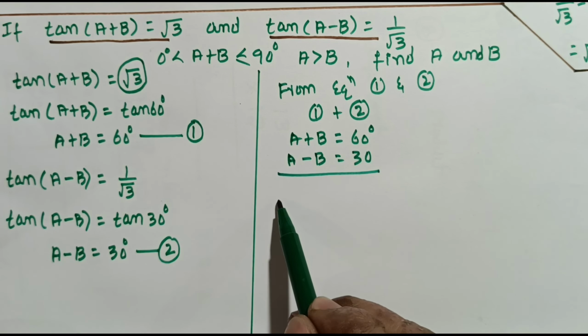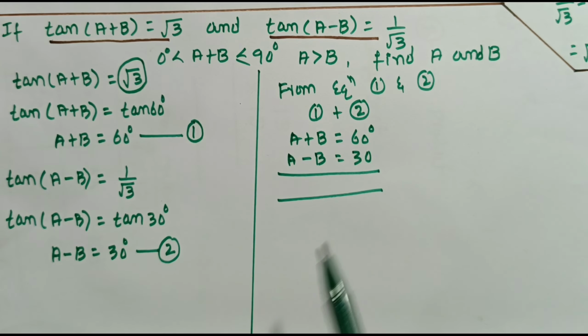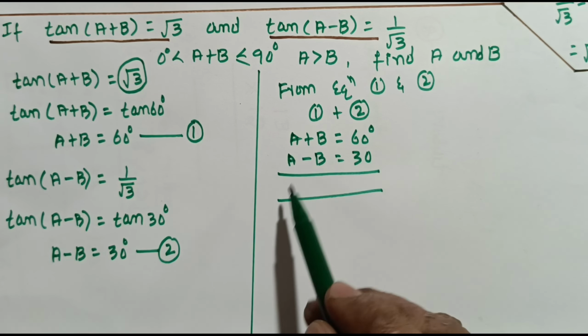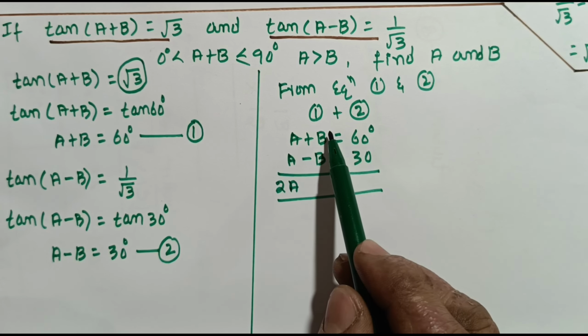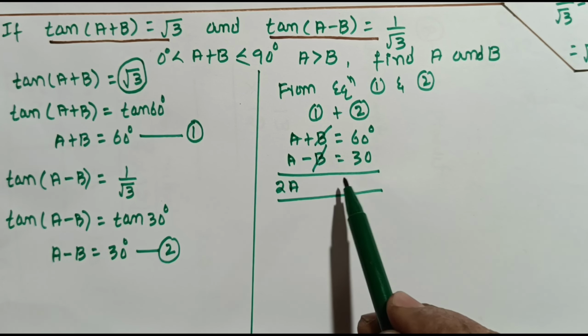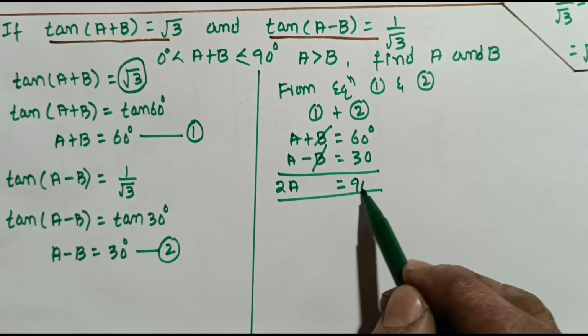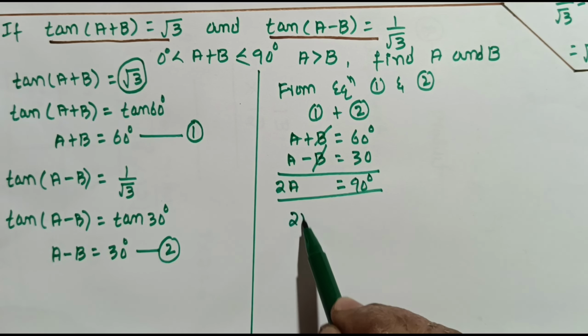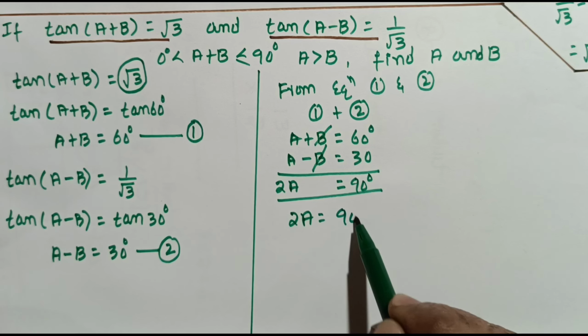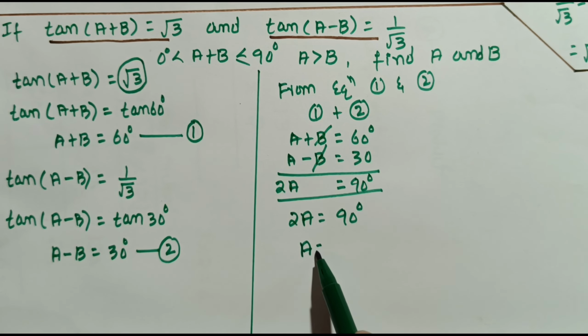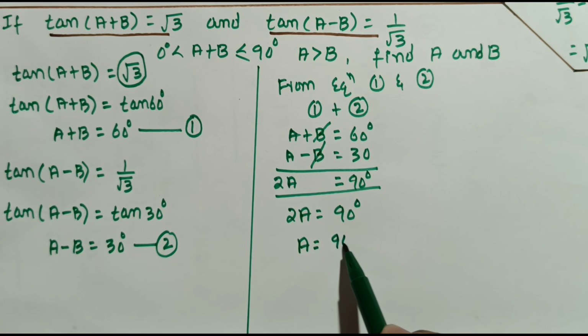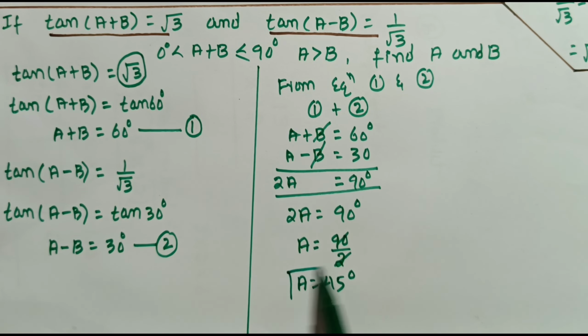These are two simultaneous equations. So I am adding: a plus a, 2a, plus b minus b get cancelled, equals 60 degree plus 30 degree, 90 degree. If 2a equals 90 degree, then the a value equals 90 divided by 2, which is equal to 45 degree. So we have calculated the a value.